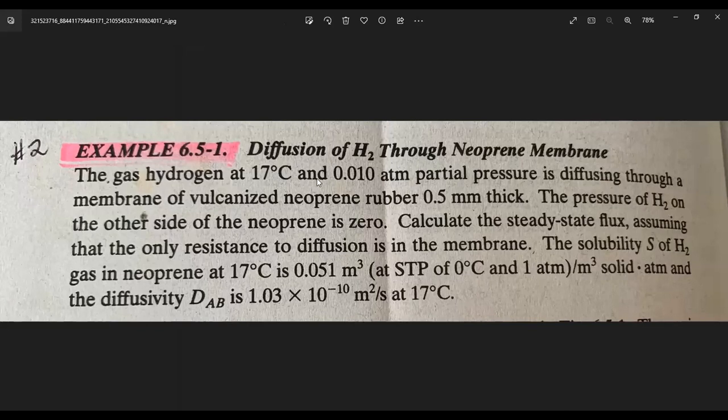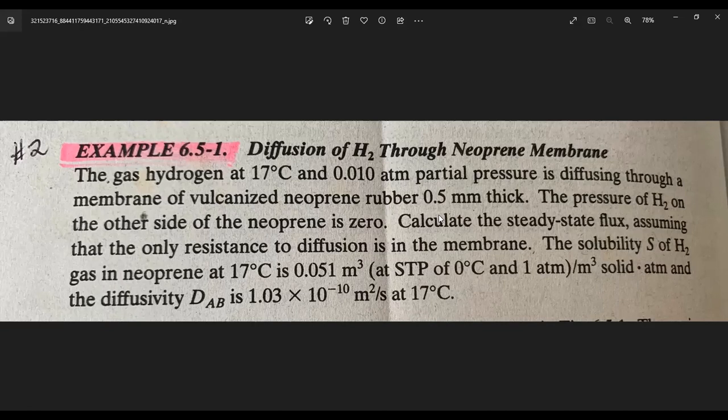Now this one, you have diffusion of a gas through a membrane. In this case, it's neoprene. So your gas in here is hydrogen at 17 degrees Celsius at this particular partial pressure, 0.01 atm, and it's diffusing through a membrane of vulcanized neoprene rubber.